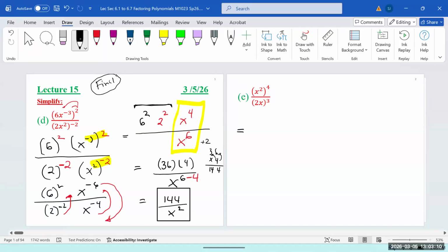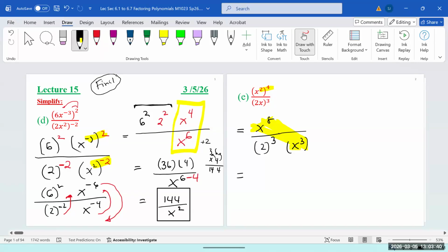You would multiply the exponents. X to the 8. Parentheses equal to. Good.